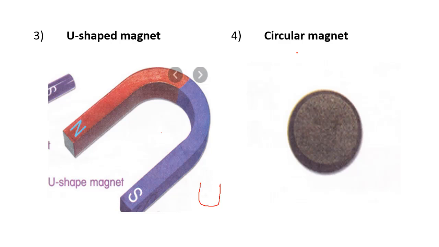And the fourth one is the circular magnet. Circular is from the word circle. A circle looks like a coin, right? Circular means something which is round. So this magnet is called a circular magnet.